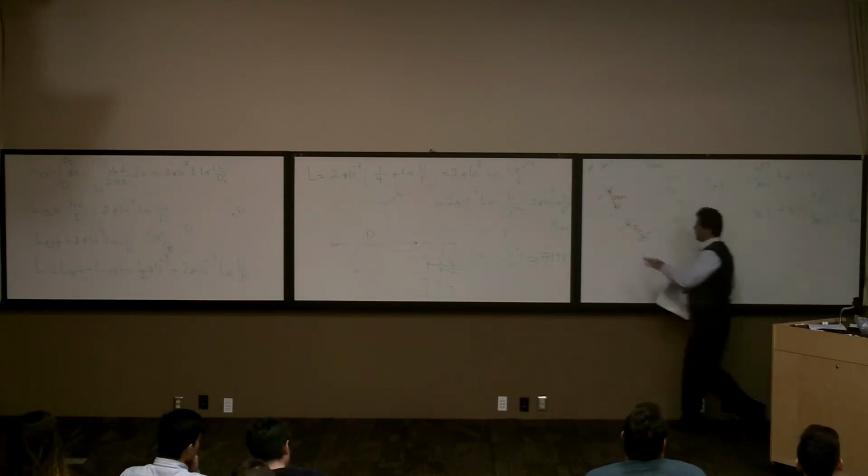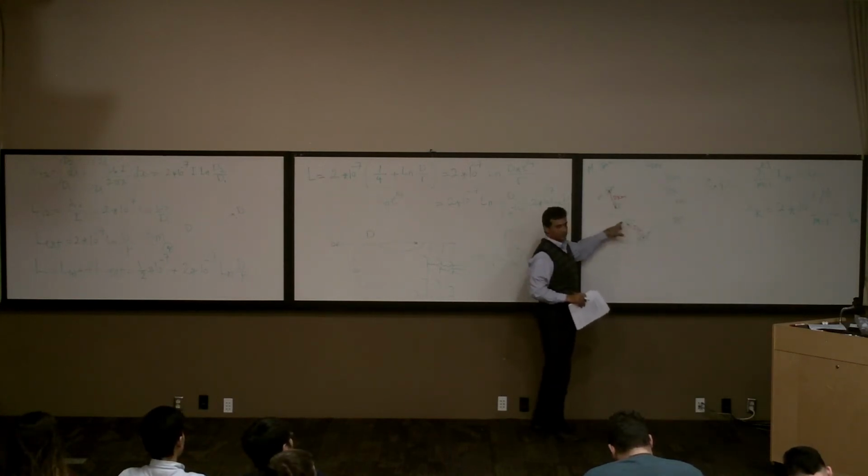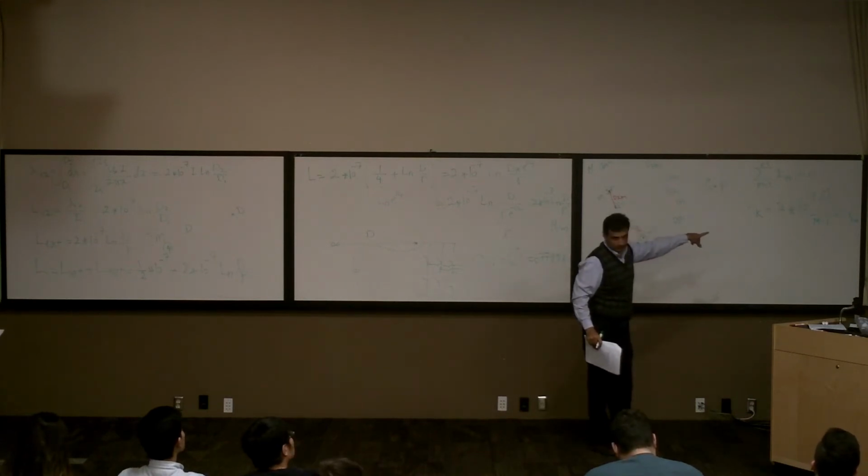What is dkn? Look at here: the distance between this and this, the distance with this one. So you can write this for all of them.